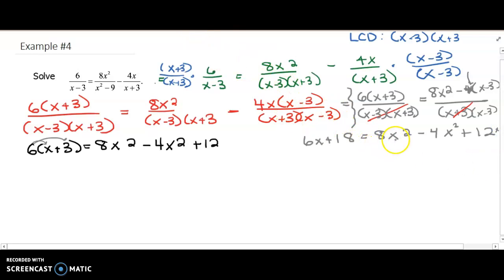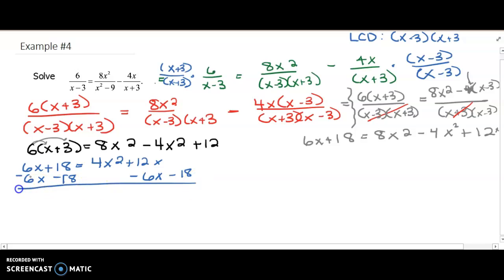All right, so now I have a quadratic. Well, let's simplify a little bit more. So 6x plus 18 is equal to 8x squared minus 4x squared, 4x squared plus 12x. Okay, so I have a quadratic, so minus 6x from both sides, minus 18 from both sides because I want it all to equal 0.